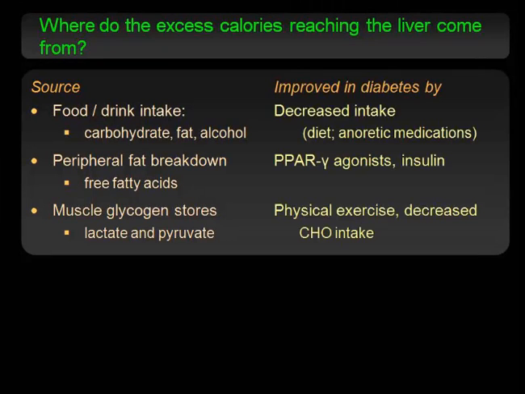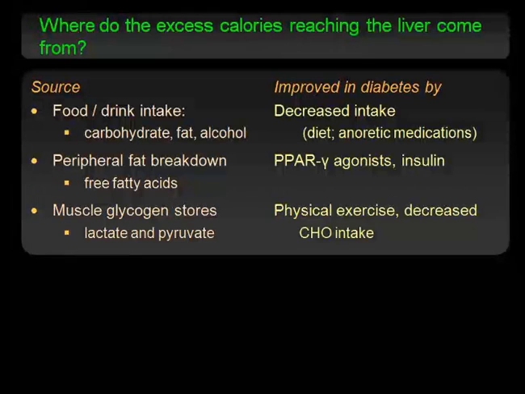And as we've seen in therapeutic and other terms, we can improve that by decreasing intake, diet and anorectic mechanisms, by inhibiting peripheral fat breakdown with exogenous insulin or PPAR gammas, or we can affect muscle glycogen stores by increasing physical exercise or decreasing carbohydrate intake.